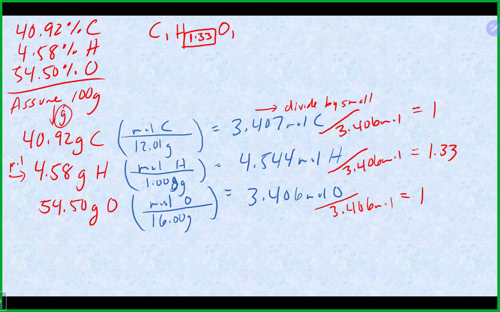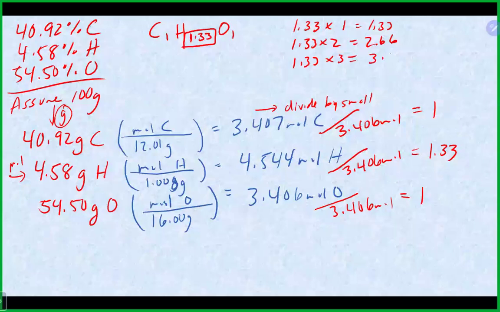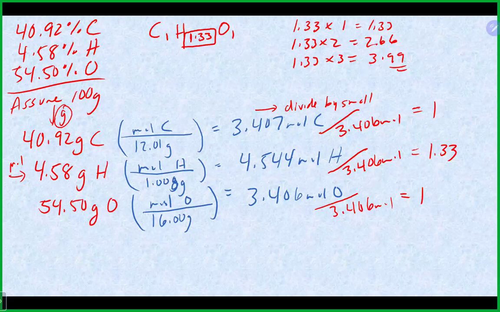So here we need to find a number that we can multiply the 1.33 by that will give us pretty close to a whole number. Again, by trial and error, 1.33 times 1 is 1.33. 1.33 times 2 is 2.66. 1.33 times 3 is 3.99. 3.99 is close enough to a whole number to basically be 4.